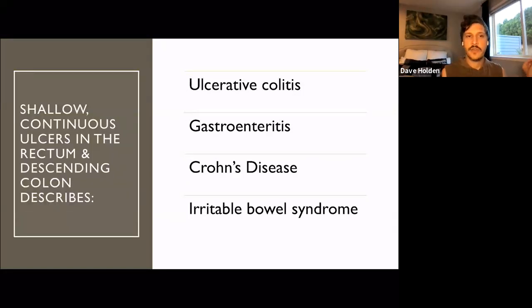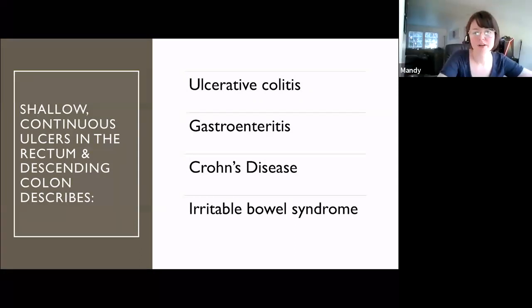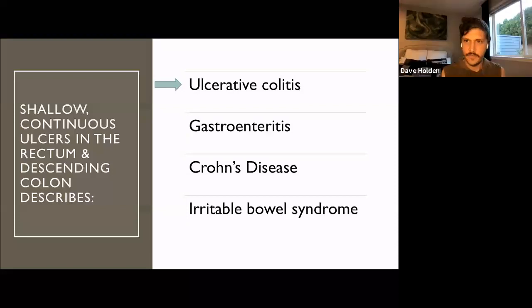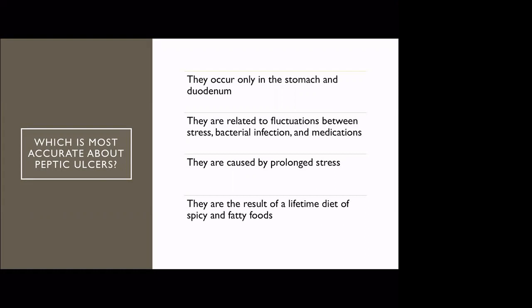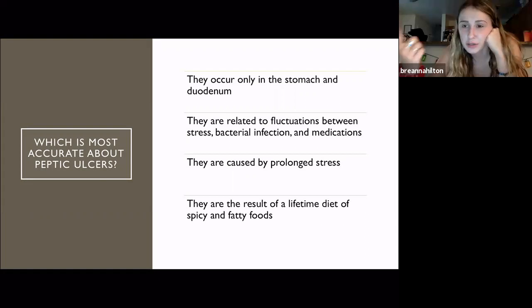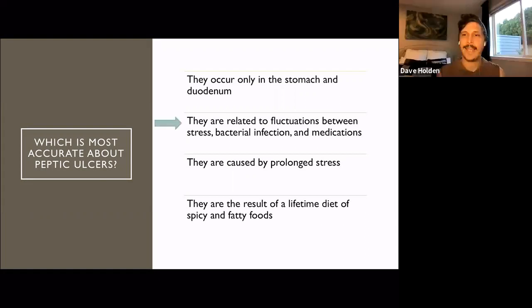A shallow, continuous ulcer in the rectum and descending colon. Ulcerative colitis. Very good. Which of these is most accurate about peptic ulcers? Second one. You're right. Fluctuations between stress, bacterial infection, and medications. I like that answer.